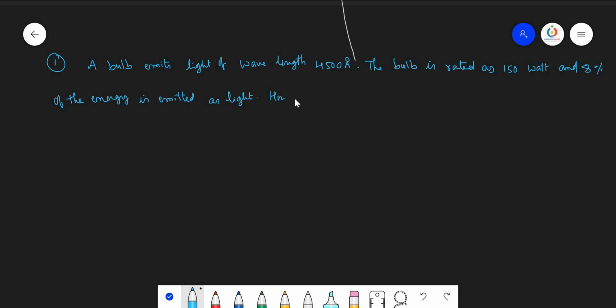How many photons are emitted by the bulb per second?